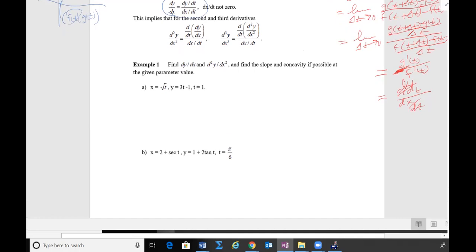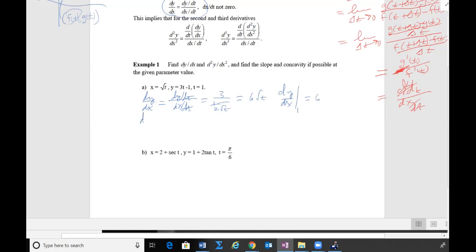So dy dx is going to be dy dt over dx dt, which is 3 over 1/2 root t, which is 6 root t. Now evaluated at t equals 1, this becomes a 6.